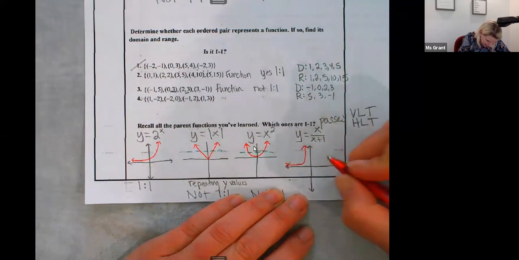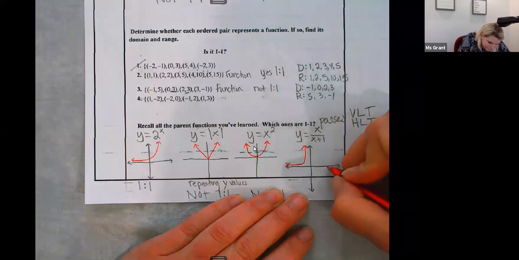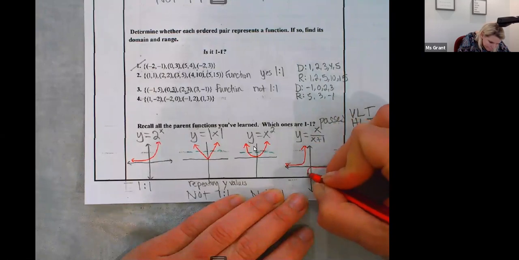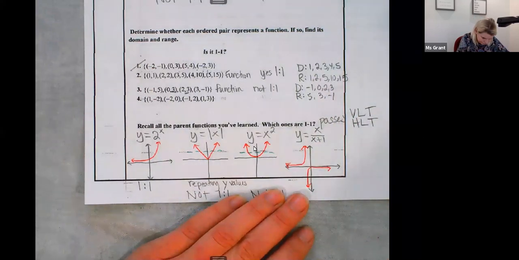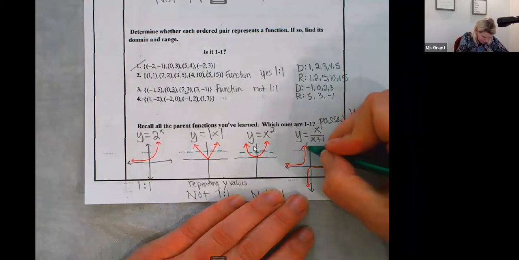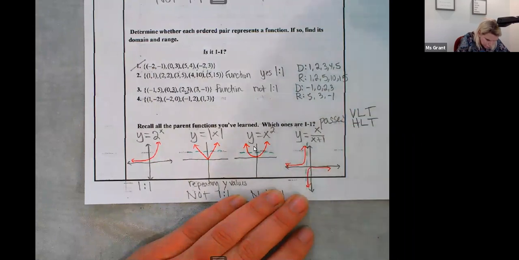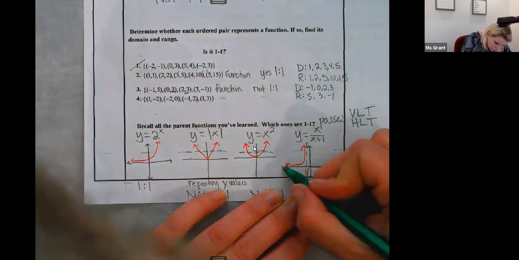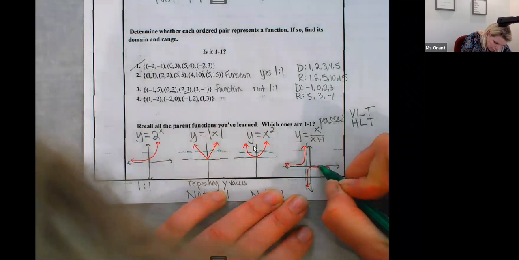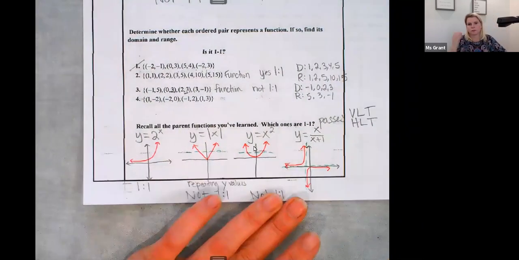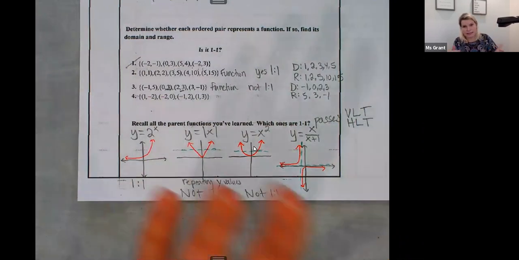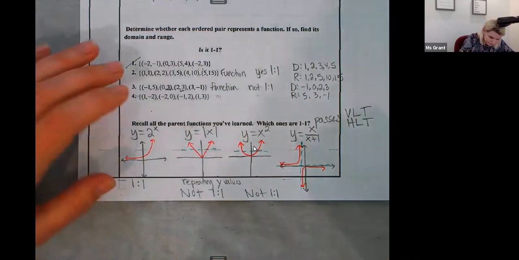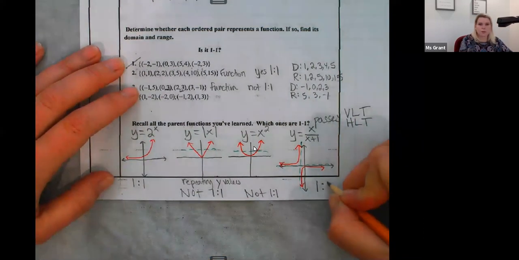I'm making it perfect for you guys. Here is my vertical asymptote. Here's my horizontal asymptote. That does pass both the horizontal line test and the vertical line test. It's one-to-one.